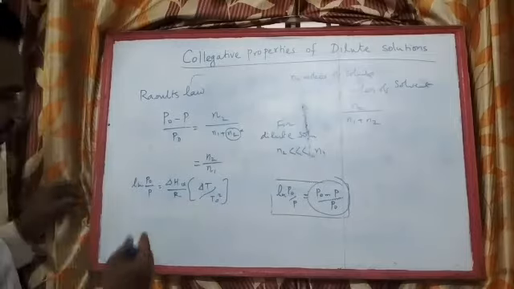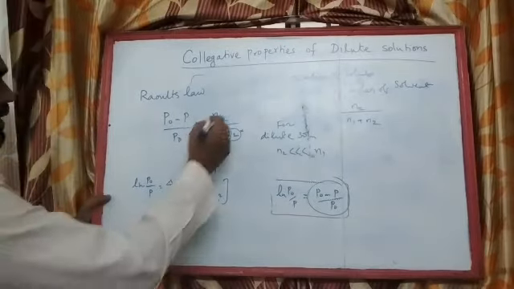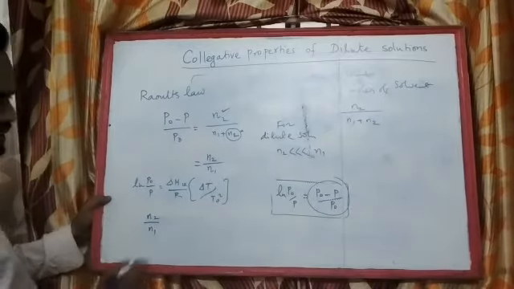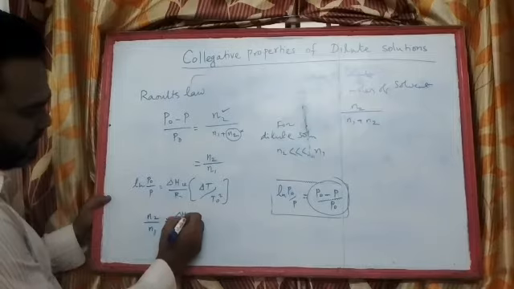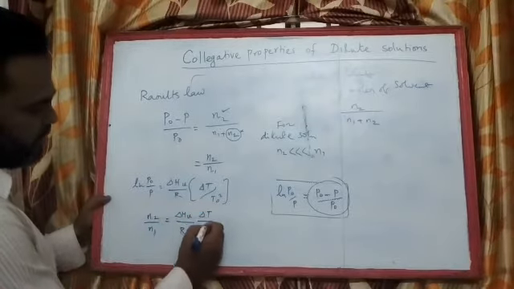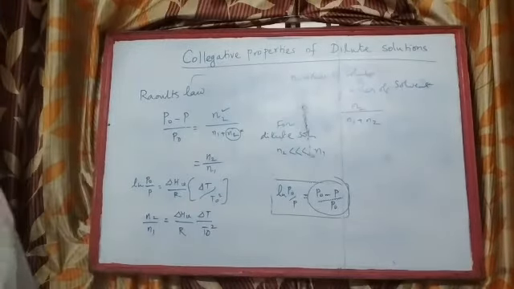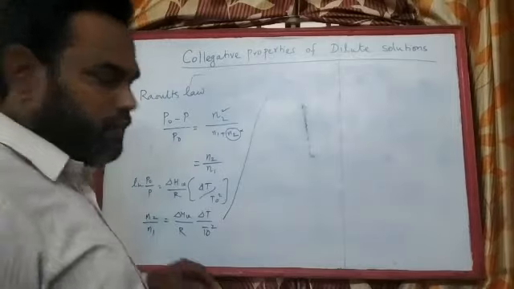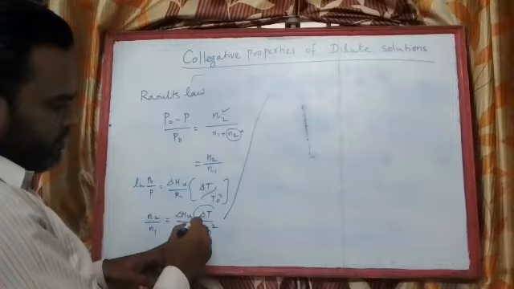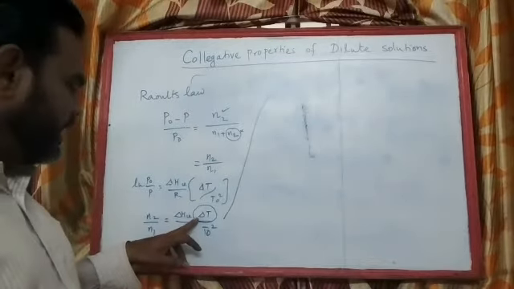Now, instead of ln P0 by P, let me write N2 by N1. N2 by N1 is equal to delta HV by R into delta T by T0 squared. From this equation, let me find out what delta T is. Delta T is the elevation of boiling point.